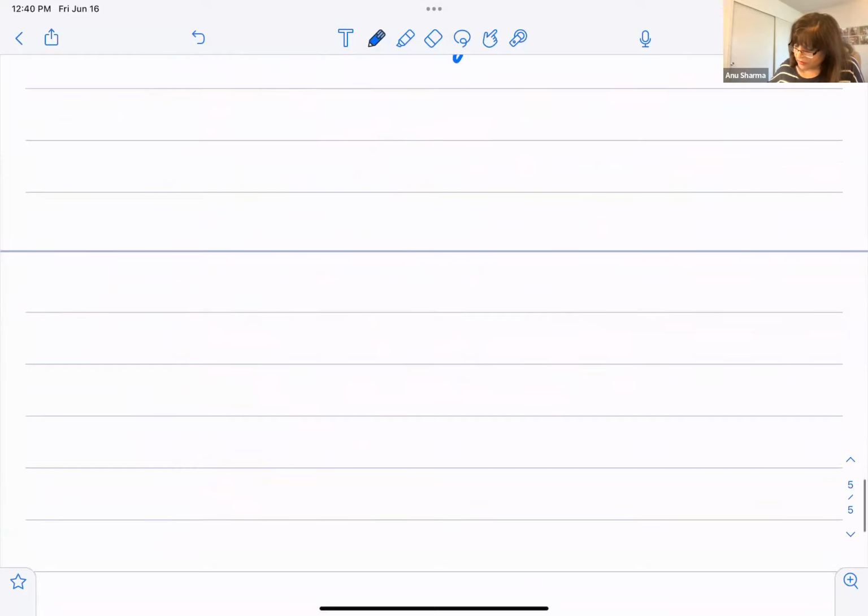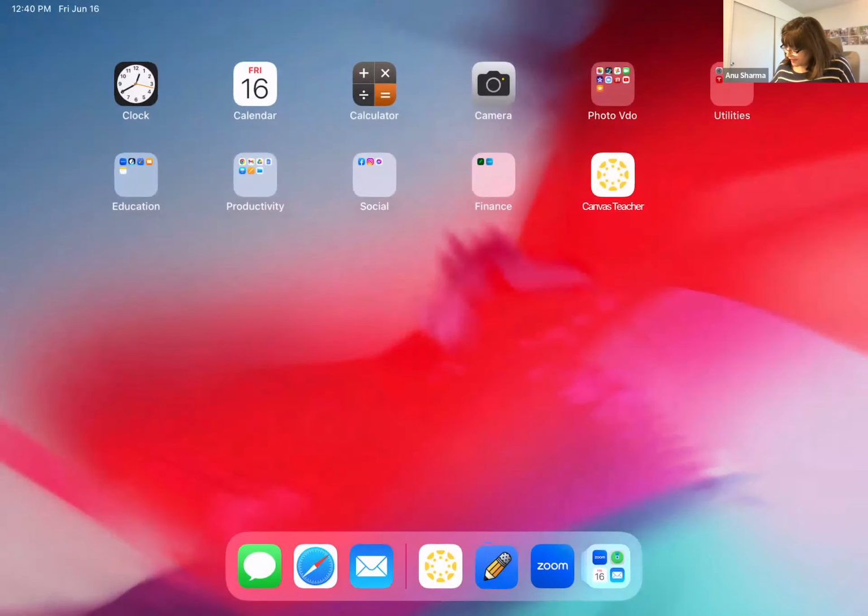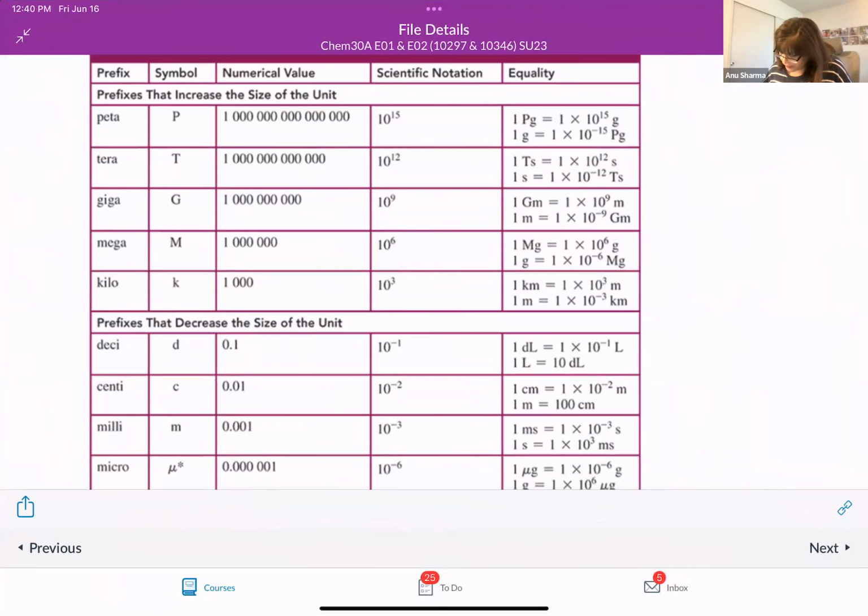All right, so that's part A. Let's look at part B. Part B is 1005 inches to feet. Now let's look at the table. Here in this, inches to feet.